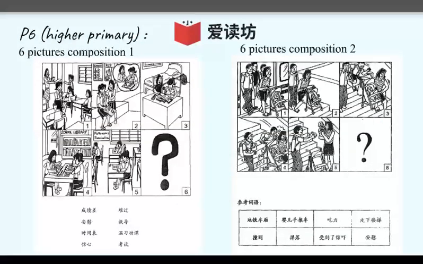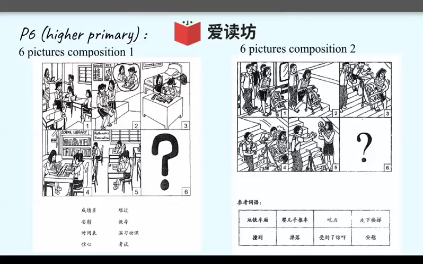These are the examples of P6 composition. So there are 6 pictures for higher primary composition. As you can see, higher primary students need to match the helping words with the picture by themselves.